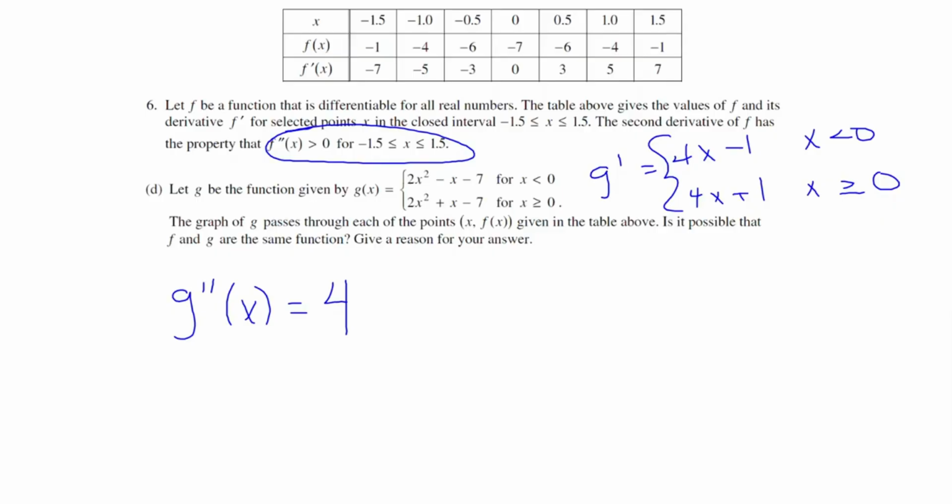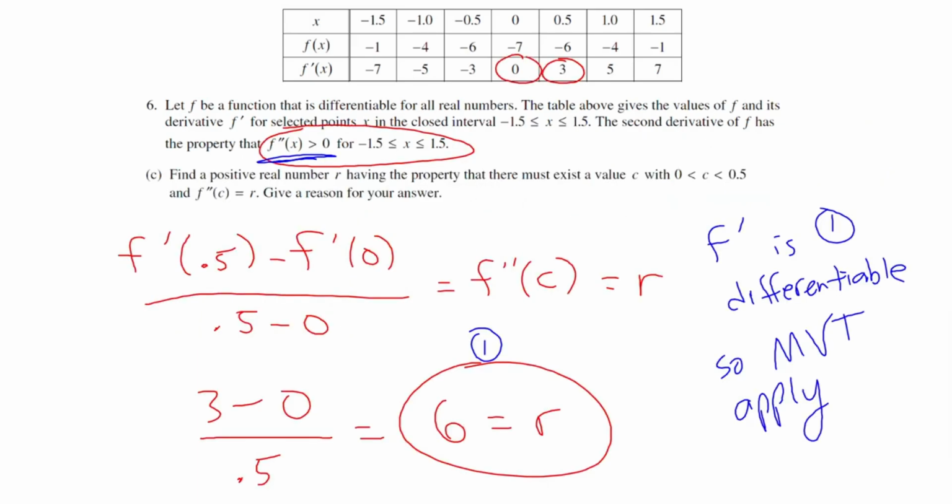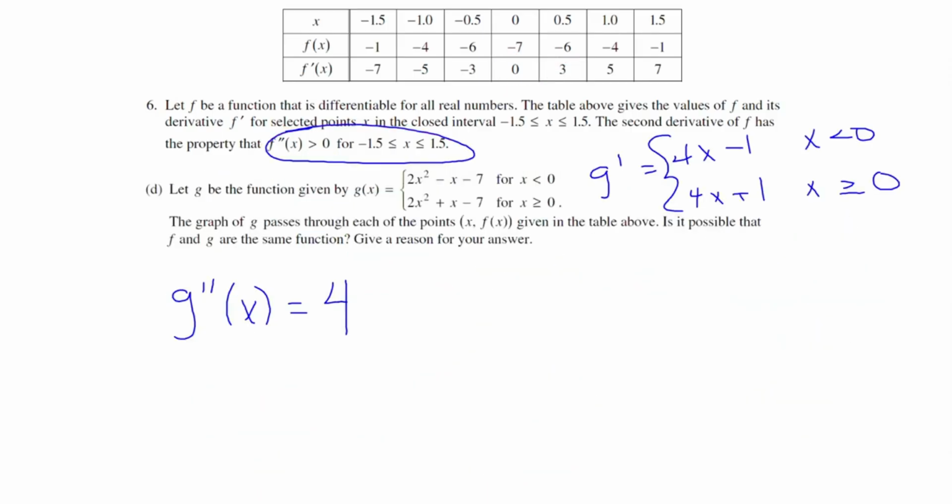So it is always still going to be concave up, but we might make the quick note that a second ago, in part C, we said that the second derivative had to equal 6 on 0 to 0.5.